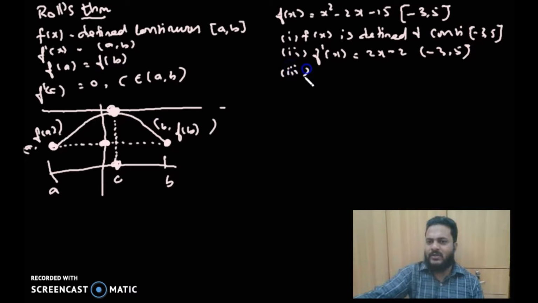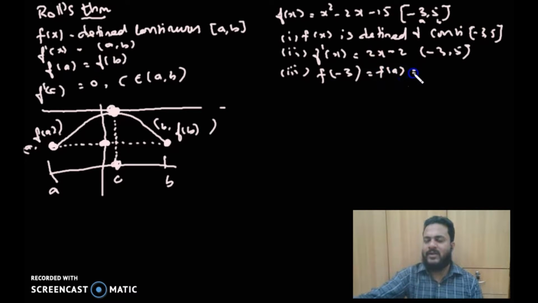And the third one, we have to find f of minus 3, that is f of a. This is a and this is b. f of a is minus 3 power 2 minus 2 into minus 3 minus 15, and hence it is 9 plus 6 minus 15, which is equal to 0.